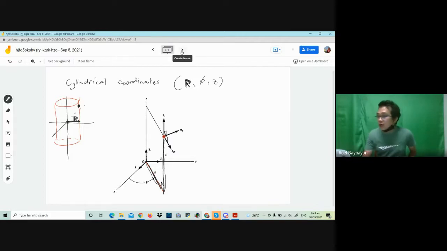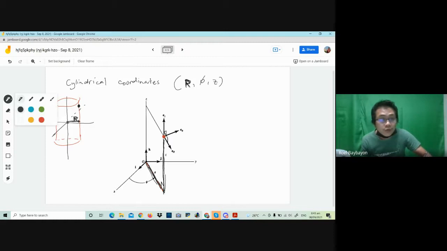There is also the vector r, the position vector, if this is my point P. In spherical, this was my r.